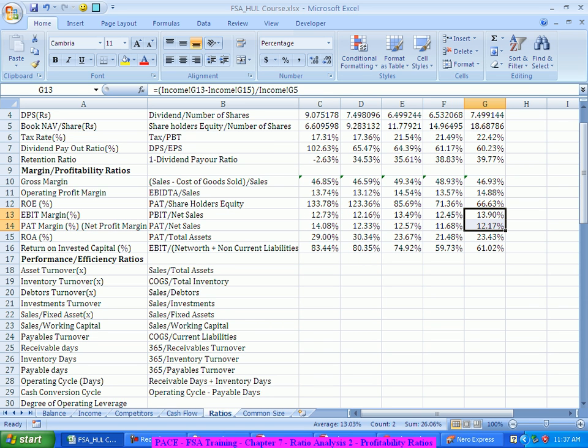The difference between the two is tax and interest. For every 1 rupee of sale the company has done, 13.9 paisa is being given to the three investors. Government tax, I mean, it's not an investor.